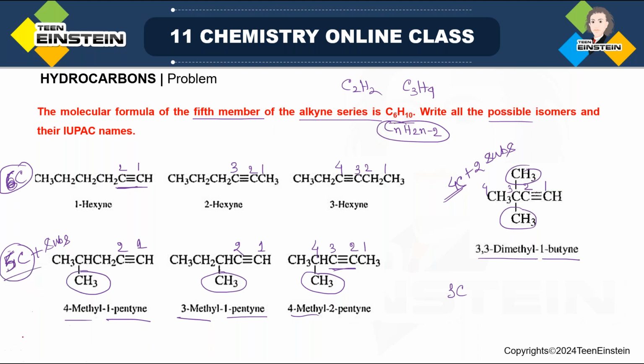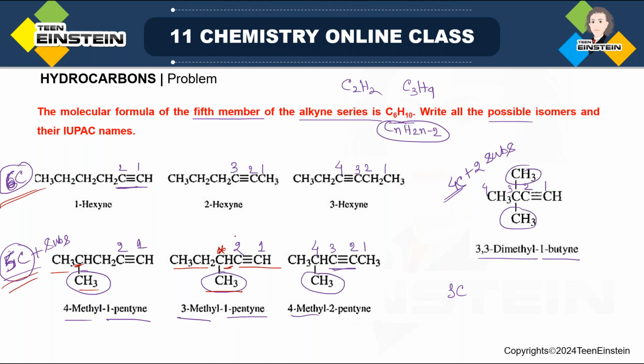But suppose the question is asking for all possible isomers, you also have to consider whether any chiral center is present or not. In the first 3 structures, that is, in the 6 carbon parent chain, it is not present. In the 5 carbon chain, is there any chiral center? This is not a chiral center because 2 same groups are there. Now this is a chiral center because you have an ethyl substituent, a methyl substituent, an H substituent, and a carbon-carbon triple bond unit.